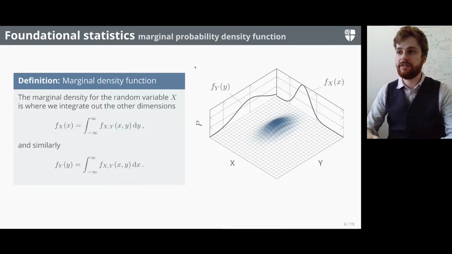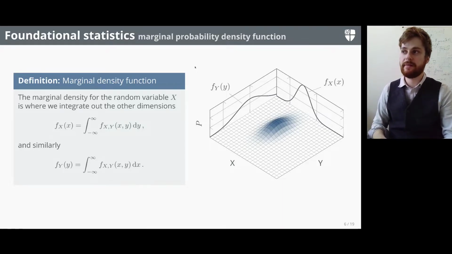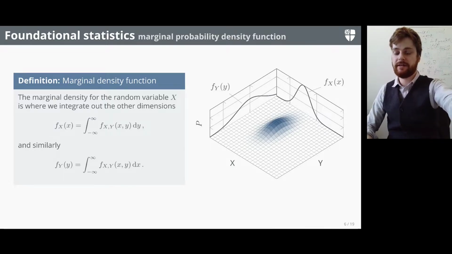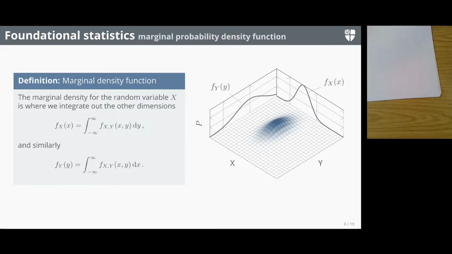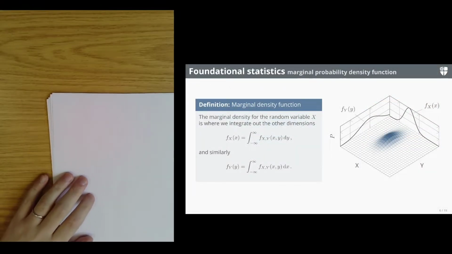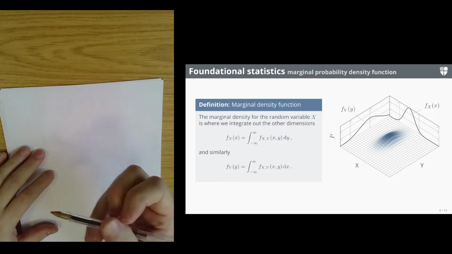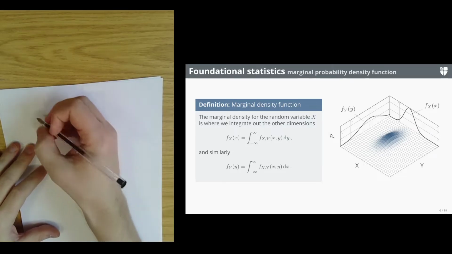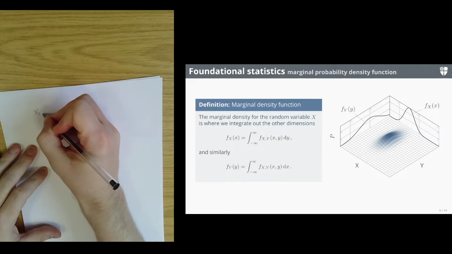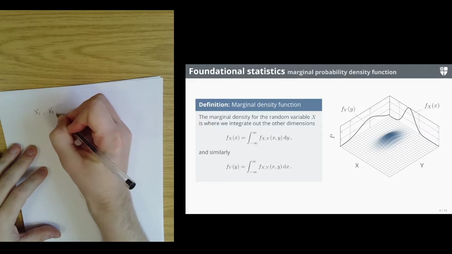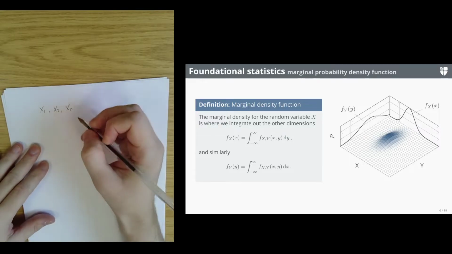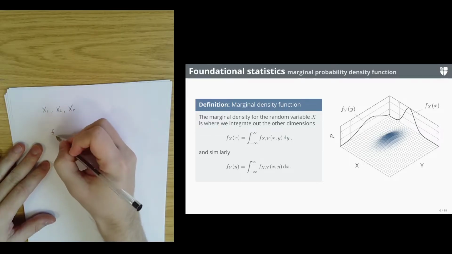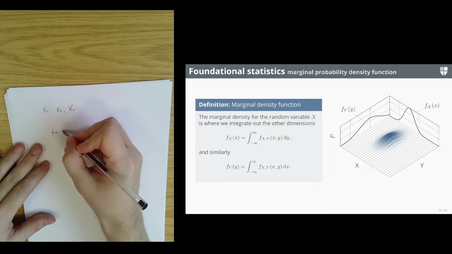It's probably worth me showing this in the n-dimensional case, just so you can see how you integrate out the other dimensions in higher dimensional cases. So if I switch over to my notes, hopefully that's in view. Say we've got lots of random variables like age, height, and weight, all the way up to xn, and let's say you wanted this marginal density, f of x1.